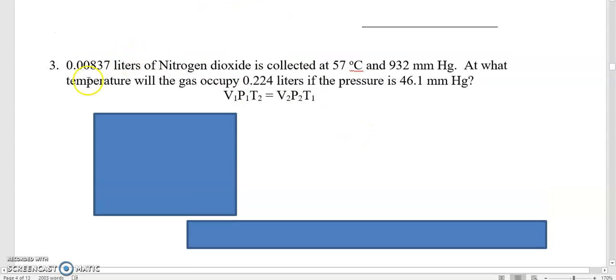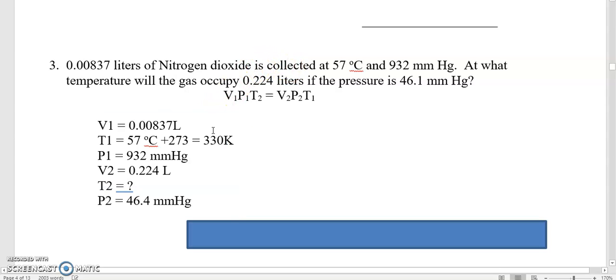So it says 0.00837 liters of nitrogen dioxide is collected at 57 degrees Celsius and 932 millimeters mercury. At what temperature will the gas occupy 0.224 liters if the pressure is 46.1 millimeters mercury? Alrighty, we got a lot of information there. Now don't forget Kelvin, right? We have all the information here.